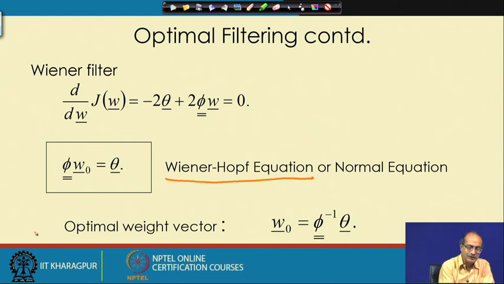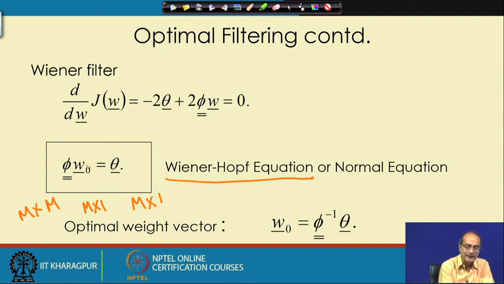If we check the dimensionality, phi has dimension m by m, w 0 has m by 1, and theta also has dimension m by 1. So, for m weights, we have a set of m equations. By simply solving these m equations, we are able to get the value of w 0, the optimal value of the weight.